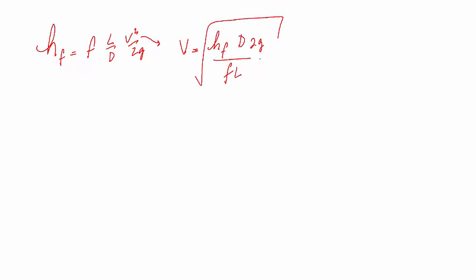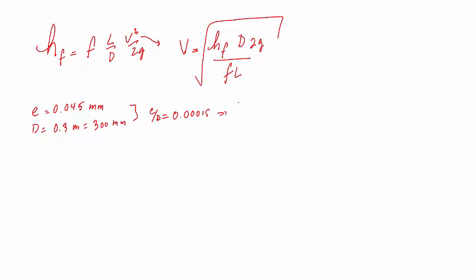Okay, so we need to find the friction factor, and to find the friction factor we have, and this will simplify, epsilon of 0.045 millimeters, and then the diameter is 0.3 meters or 300 millimeters, so epsilon over D is 0.00015.